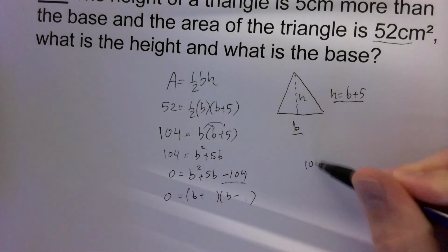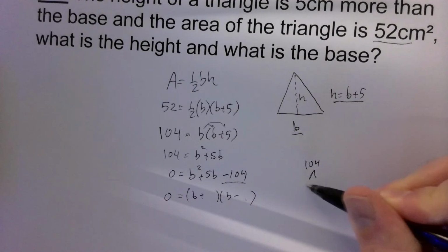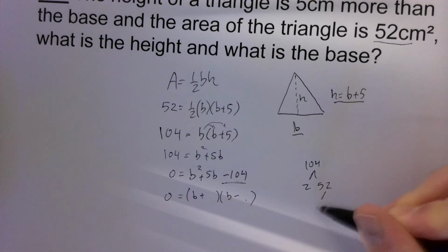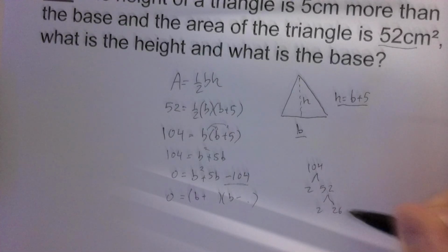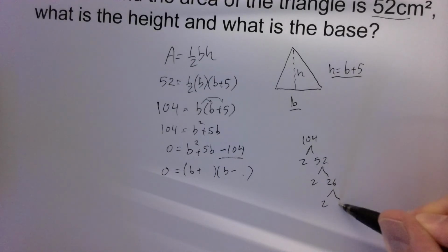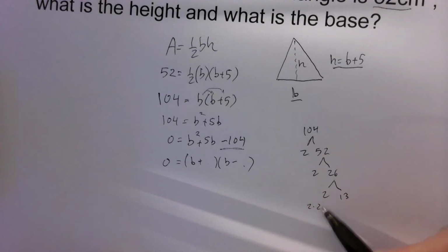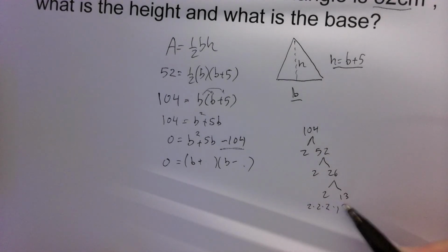So I'm going to break that down. I'll start with 52, 26. Okay, so I can write that as 2 times 2 times 2 times 13. I could do 4 times 26, I could do 2 times 52, and so on. I just want to see which ordering is going to give me a difference of 5.